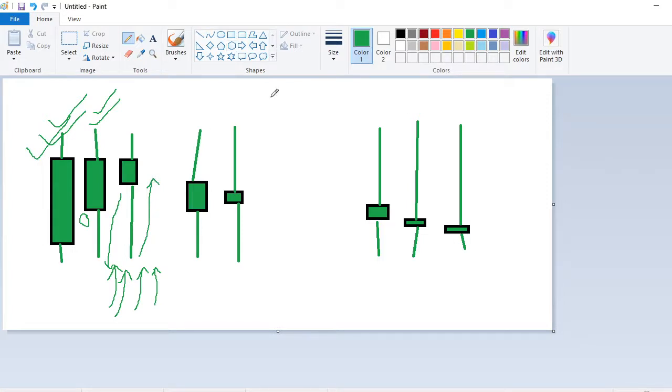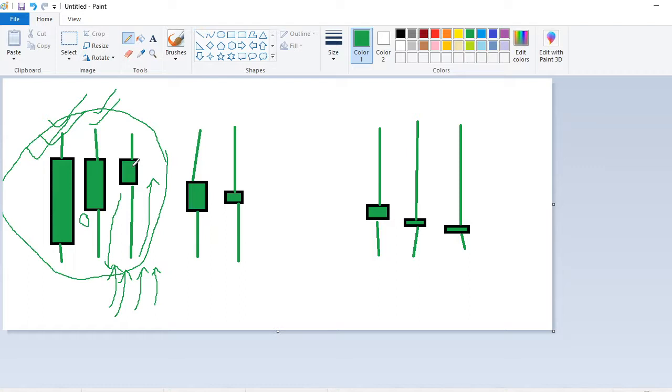So if you consider all this, the first three candles can be considered bullish, because this is a clear bullish trend, this is also a clear bullish trend. This one, even though the sellers are there, the bulls are very aggressive, they were able to dominate the sellers and push the market up. So that's how you can conclude. Don't look at the candle shape and don't look at the candle color.